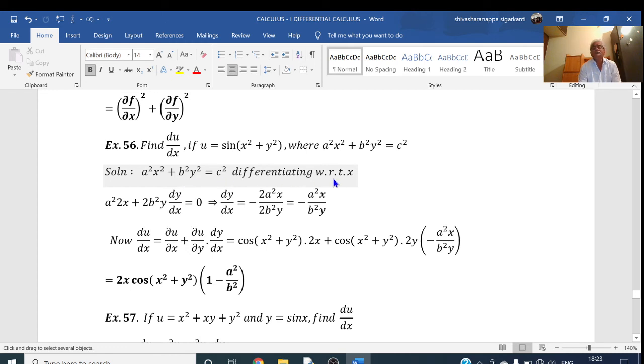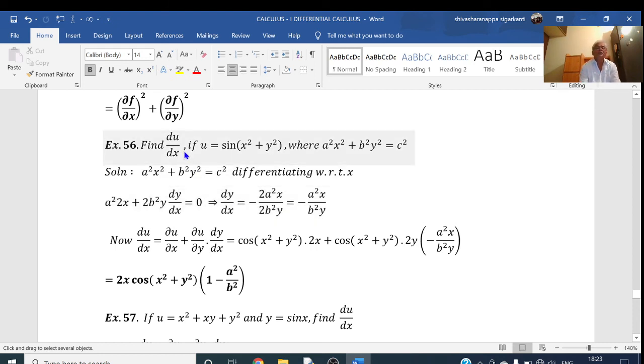If I differentiate this with respect to x, then what I get is a square into 2x plus b square into 2y dy by dx is equal to the derivative of c square, 0, because c is a constant quantity. From this we can find dy by dx. Dy by dx equals, taking this onto the right hand side, minus 2a square x divided by 2b square y. So 2 gets cancelled. Dy by dx equals minus a square x divided by b square y.